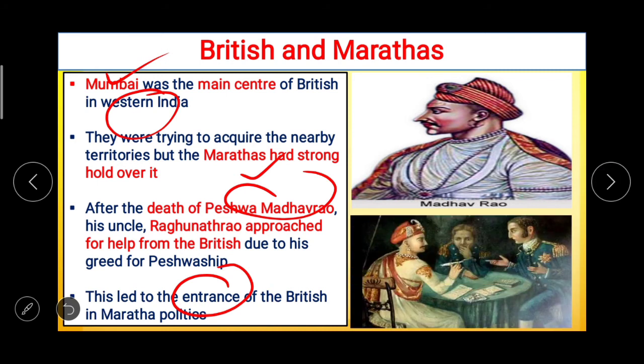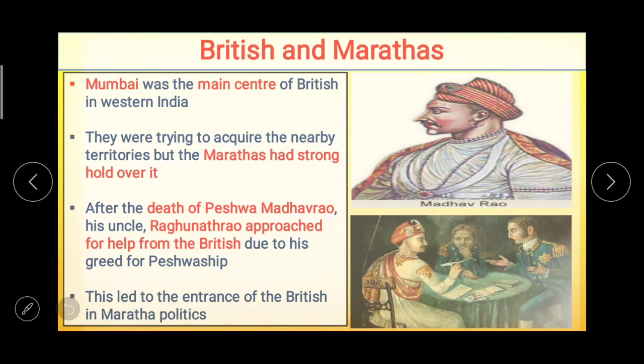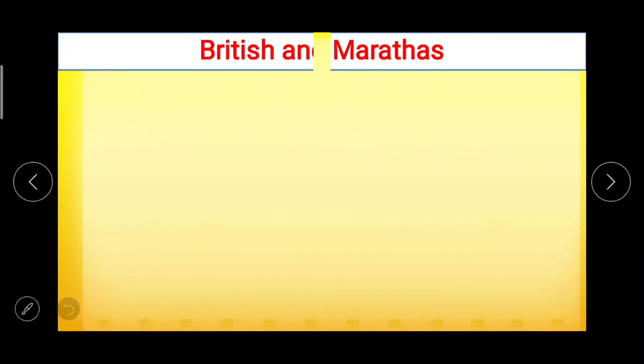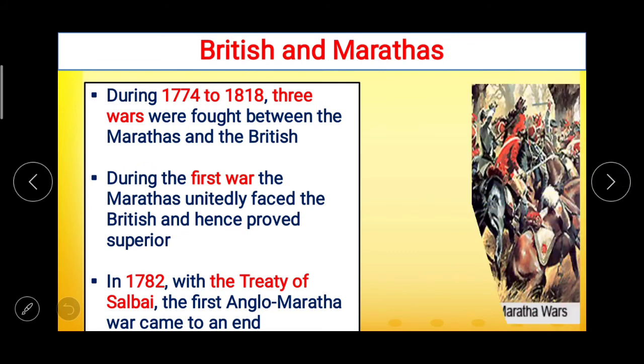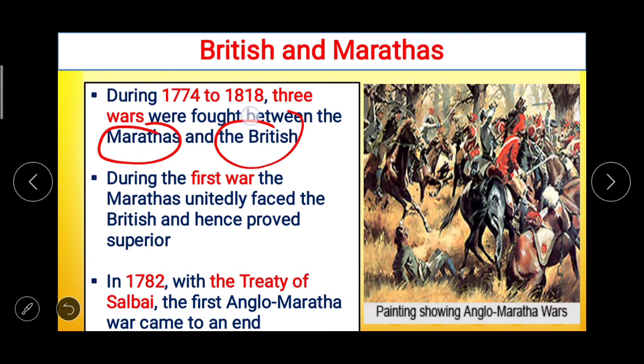Directly it was not possible for the British, but because of the approach of Raghunath Rao, it became easy for the British to enter Maratha politics. So between 1774 and 1880, three wars were fought between the Marathas and the British.